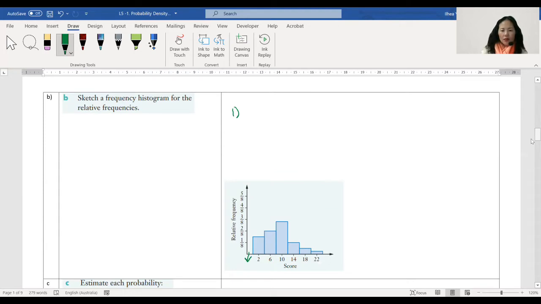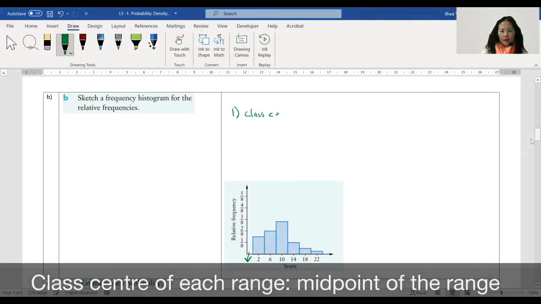We're not going to put the range as a per score, so we need a class center. The first one is going from 0 to closer to 4. So it'll be 0, 1, 2, 3, and then 4 is not quite there, but it's close to there. So I'm just going to put it like that.